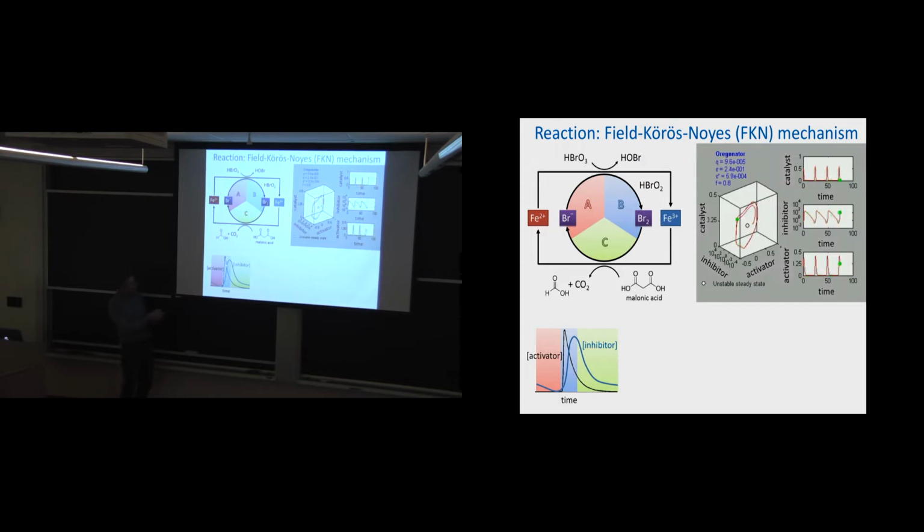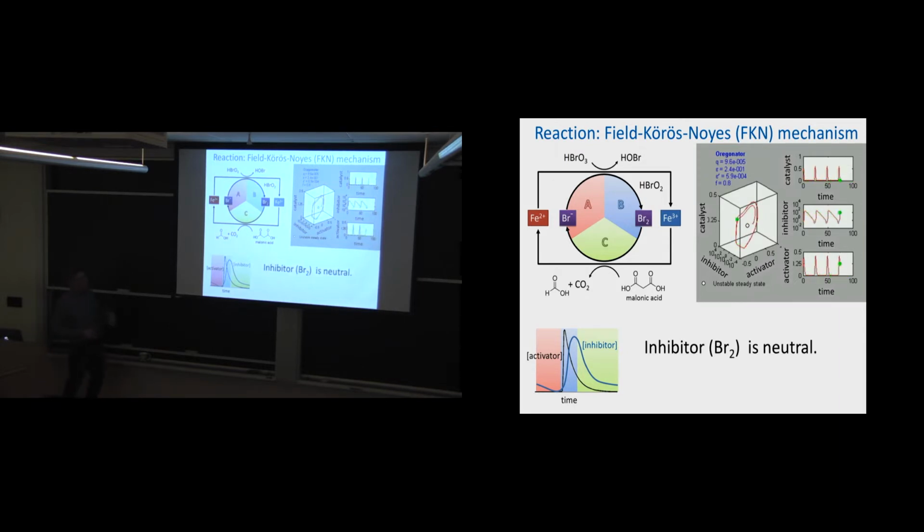As the inhibitor builds up, it eventually reaches a concentration at a later time that starts applying negative feedback to the activator and turns it off. And then there's a third reaction that eats the inhibitor. The inhibitor gets consumed over time, and once it falls to a low enough level, the activator can go again. And so you get the cyclic process of activation and inhibition.